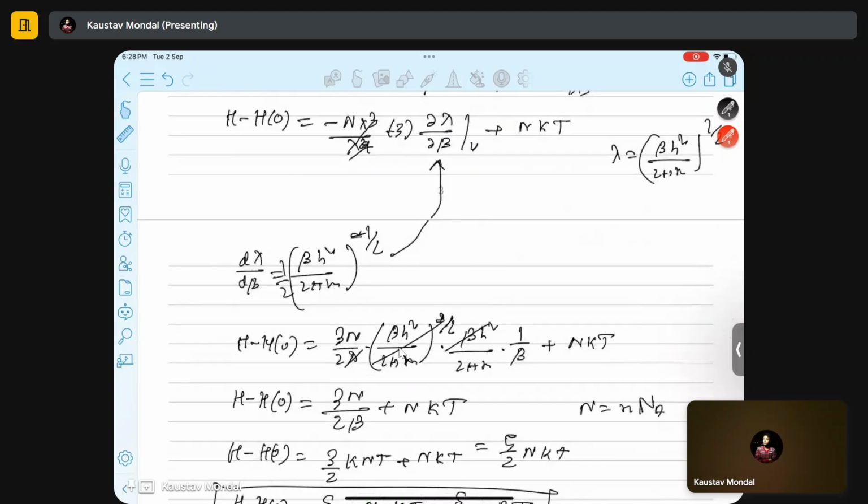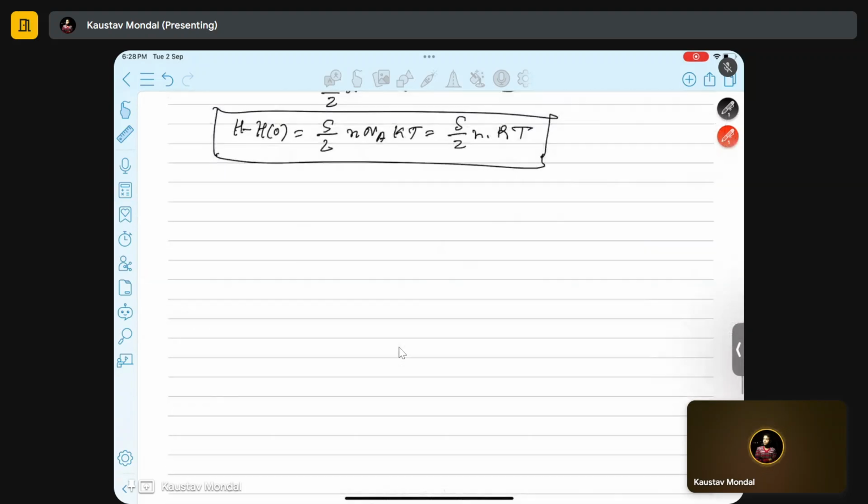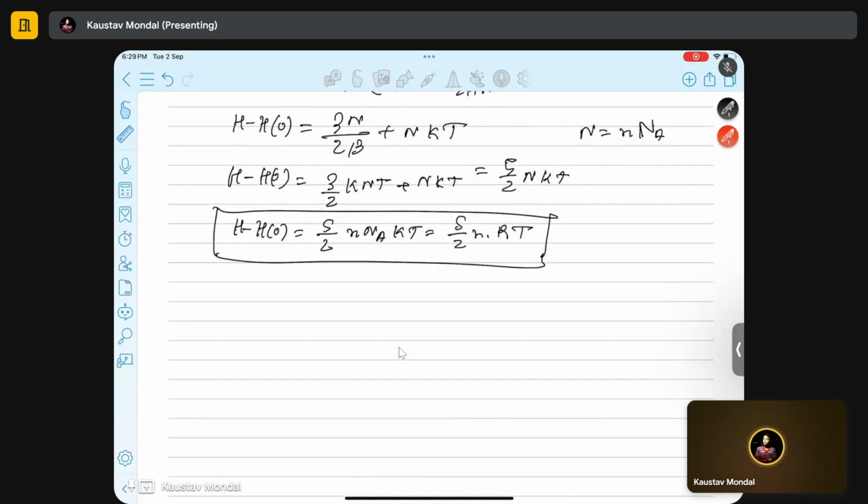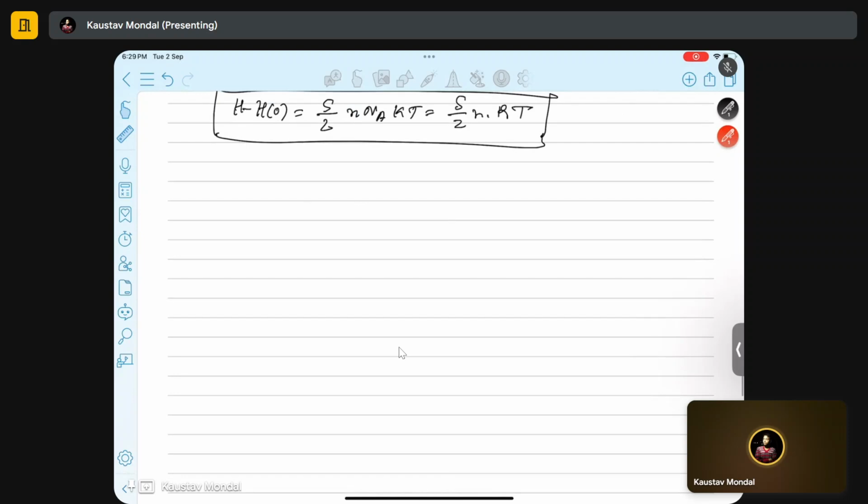Now why are we basically calculating the enthalpy? Because enthalpy has many applications. One of the very important applications of enthalpy is that you can calculate the specific heat of a system at constant pressure if you know the enthalpy of the system, right? We have also derived this previously.